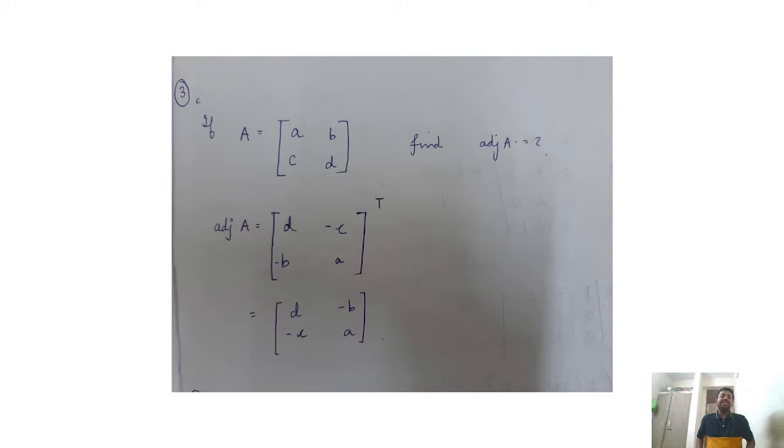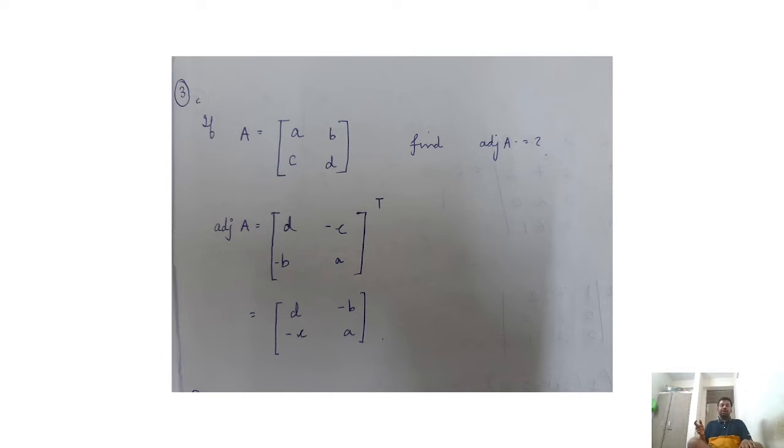Now to find the value of the a11 component in the adjoint of A matrix, you close the first row in A and the first column in A. So what is the component that is left with us? That's d.